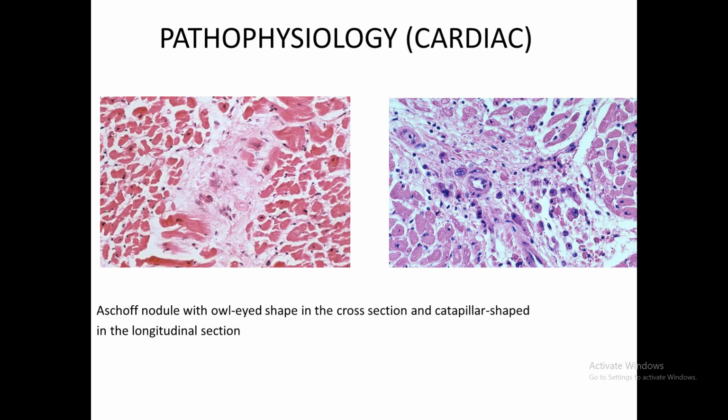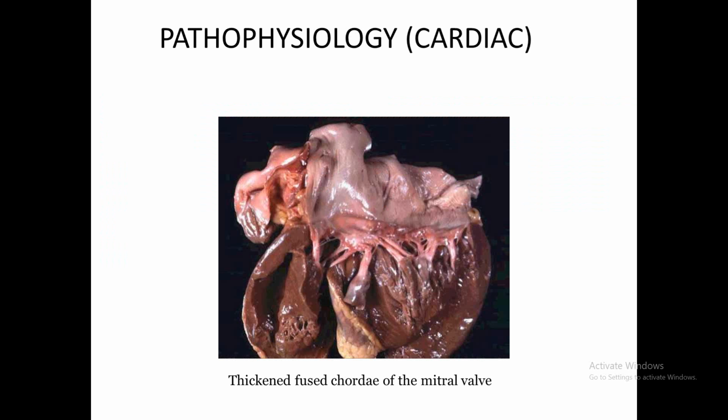Everything is clear here as far as the Aschoff nodule is concerned, as a nodule which you are seeing here. The thickened chordae tendineae of the mitral valve are seen after the inflammation, and destruction of the mitral valve occurs. I already mentioned that when I spoke about the valvular heart diseases.